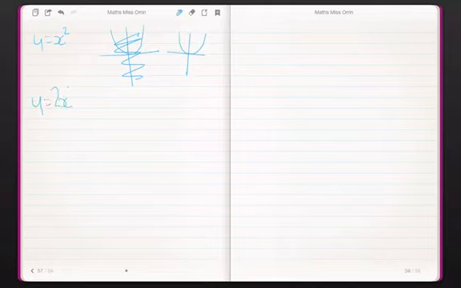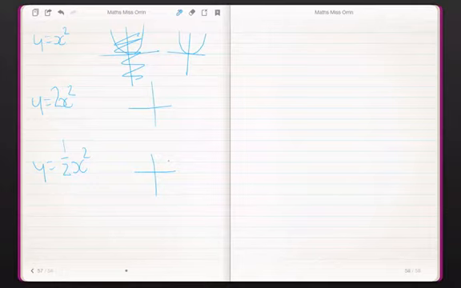Okay, so what we're going to do is talk about what putting a number in front of it might mean. If we have different things that look like this, what would that do to the shape of the graph? The number before x squared is called the dilation factor.